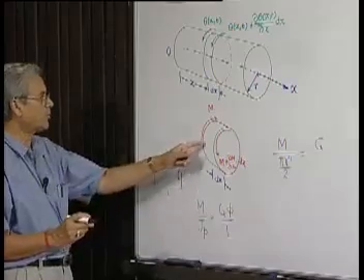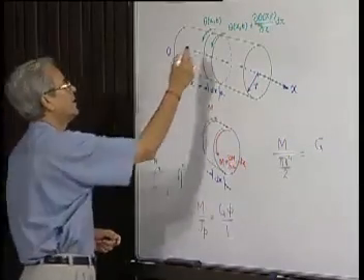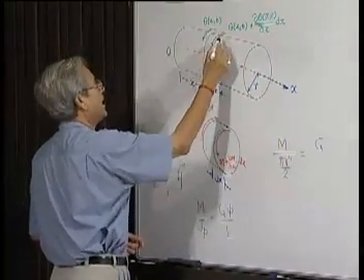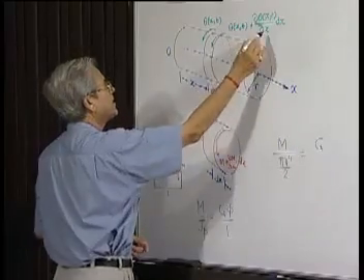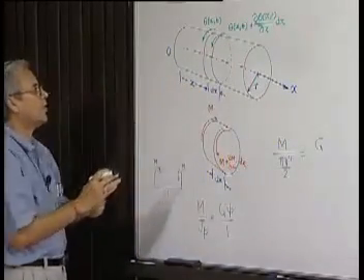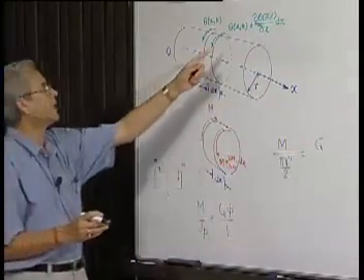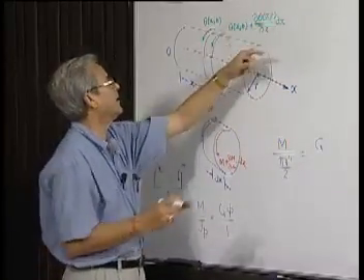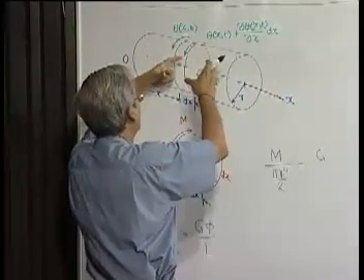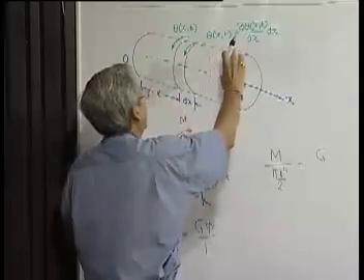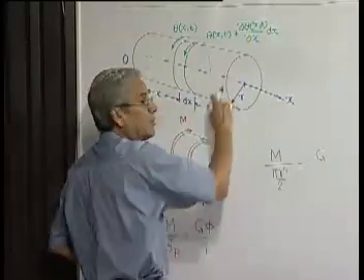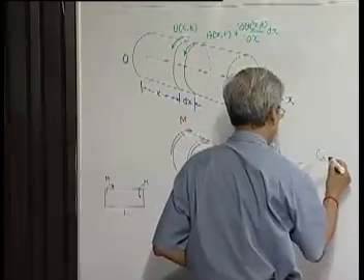What is the amount of twist? Now, this end has moved by theta and this end has moved by theta plus something. So, the amount of twist of this elemental shaft is nothing but that extra something. Otherwise, it has a rigid body rotation like theta and then an extra amount. So, this is the amount of twist, and that will take the place of phi.